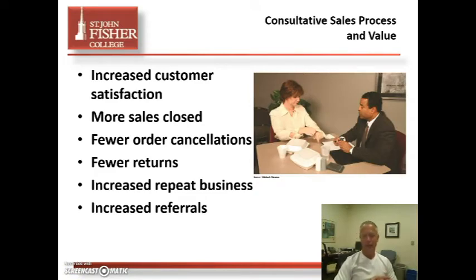So a huge part of the consultative sales process and providing value to the customer or to the prospect is to understand their needs. And that's one of the reasons why we use the questioning techniques of open tactical, open strategic, and closed questions.